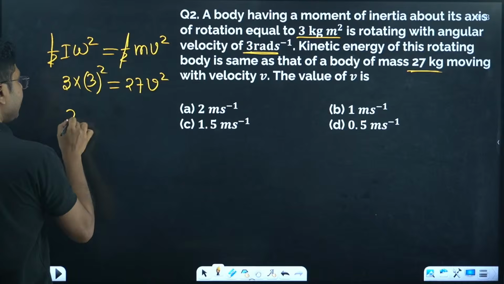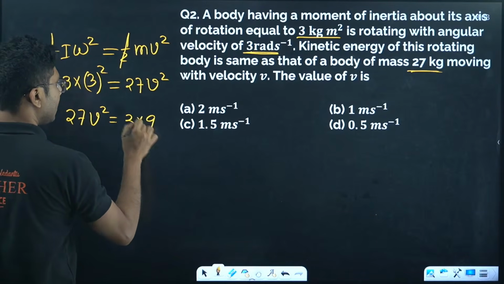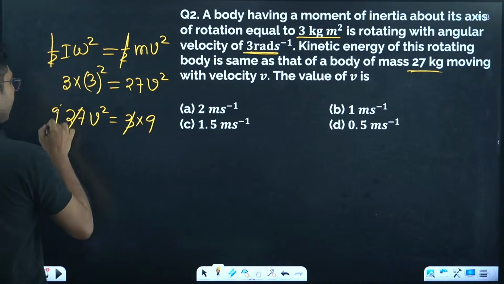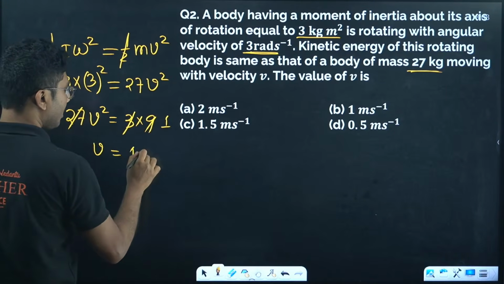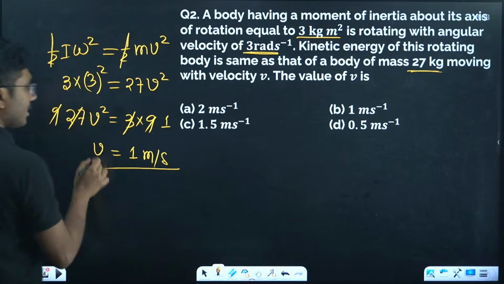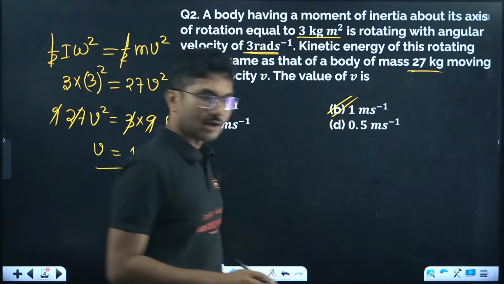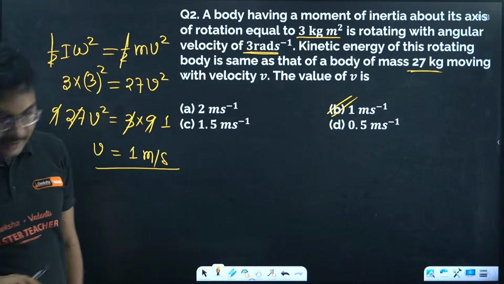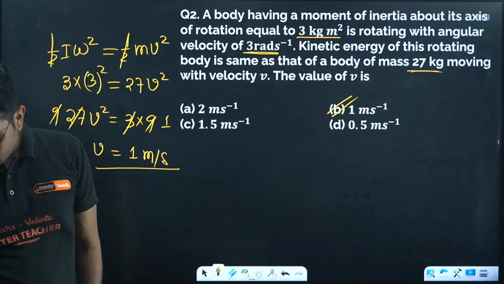So 27 v square equals 3 into 9. 3 nines are 27, the 9 cancels, you are left with 1, so v equals 1 meter per second. The square root of 1 is 1, so the correct answer is again option B. Those who have answered option B are correct.